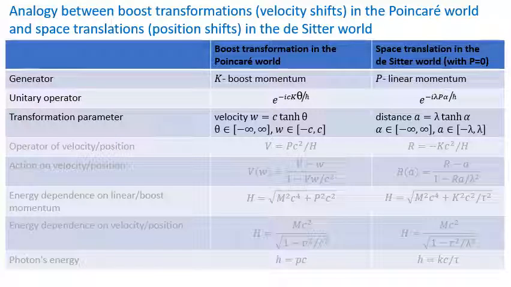When alpha changes from minus infinity to plus infinity, the distance a is confined between minus lambda and lambda, which suggests that the de Sitter world has limited dimension. This is in full analogy with the velocity-rapidity relationship in the Poincare world.